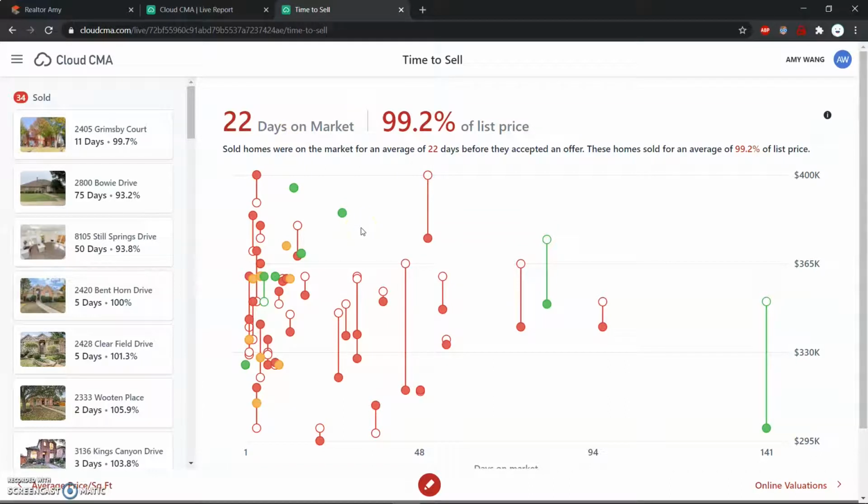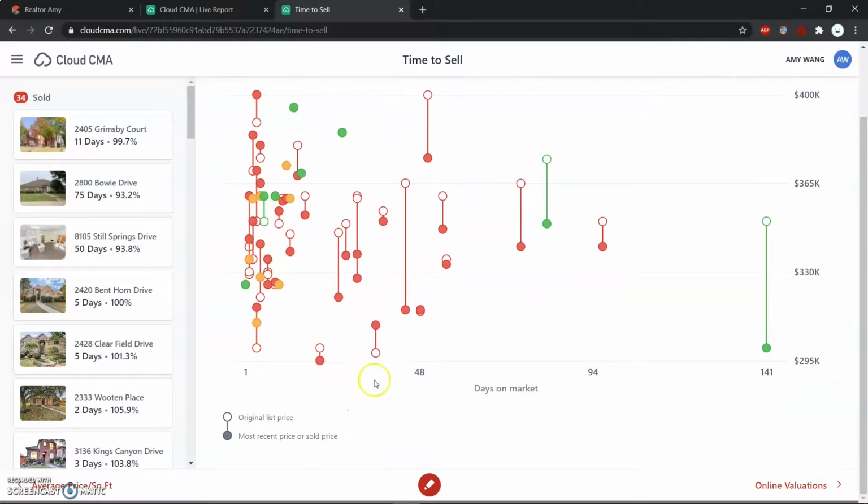Different from the lease property, the listing price and the close price always have some differences if you want to sell or buy a property. Still, this is the listing price, and the solid circle is the closed price. The average ratio of the close price to the listing price is 99.2% in the CMA.